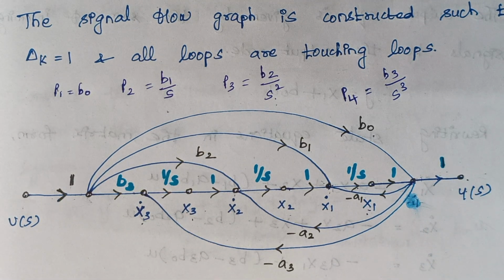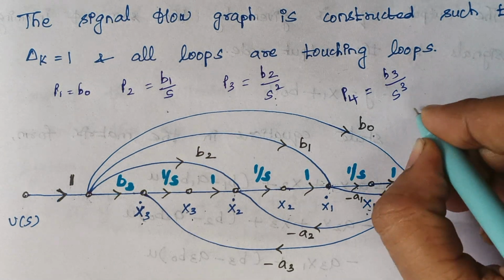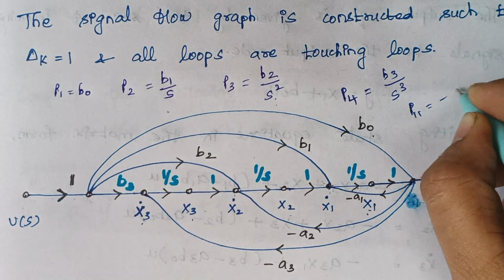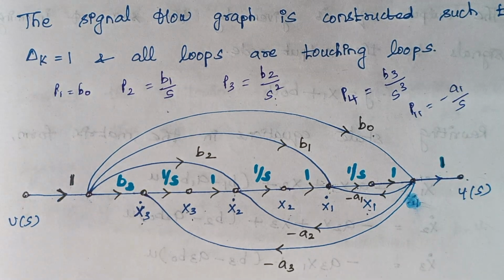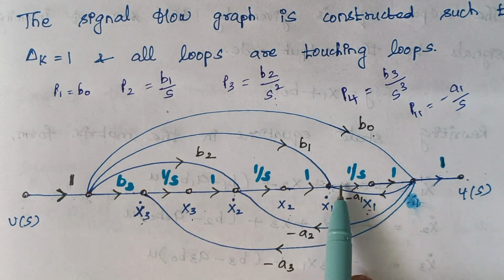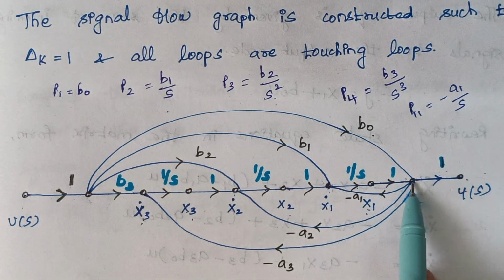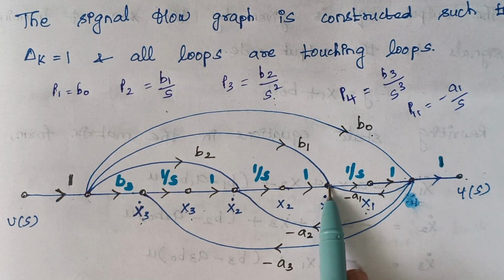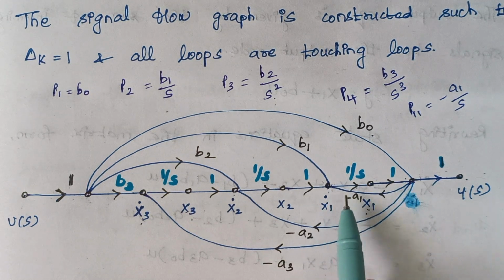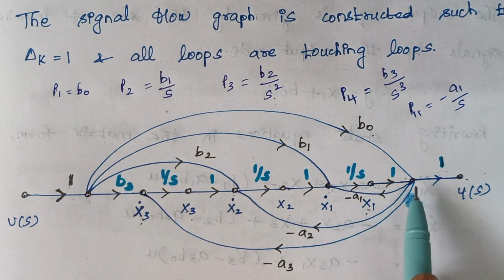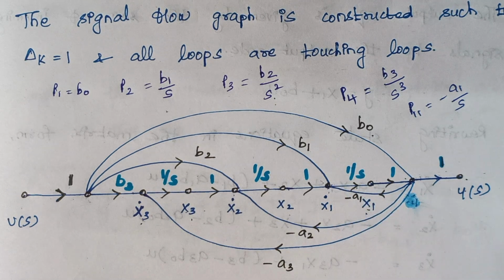Next we have to calculate the loop gain, right? So when you consider the first loop, you see the loop gain value is minus a1 by s, right? So here you see I'm having 1 by s here. So when I include minus a1 in this path, the loop gain will be minus a1 by s, right? So here I had drawn a1.